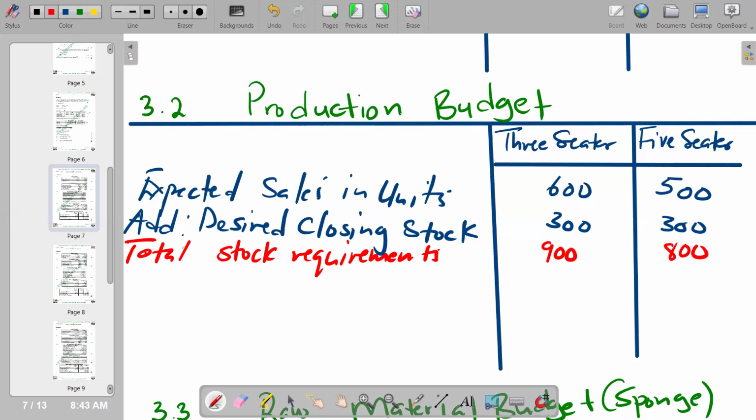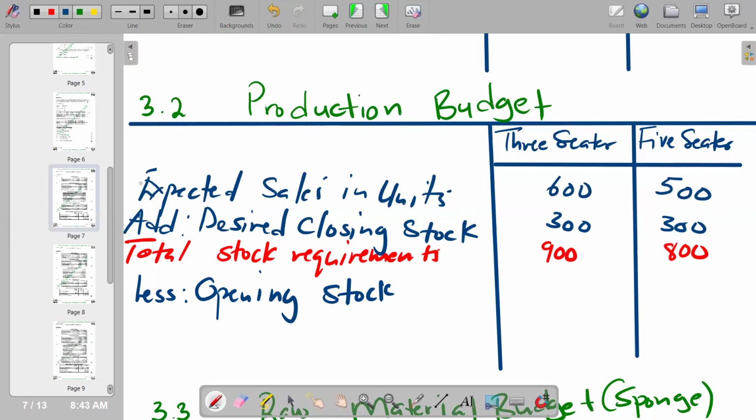Then from there, you are supposed to subtract opening stock, so we say less opening stock. After subtracting the opening stock, you get the number of units to be produced.